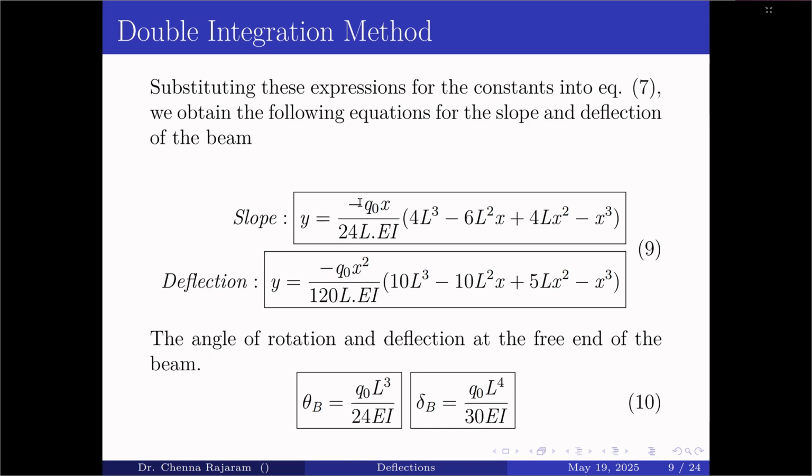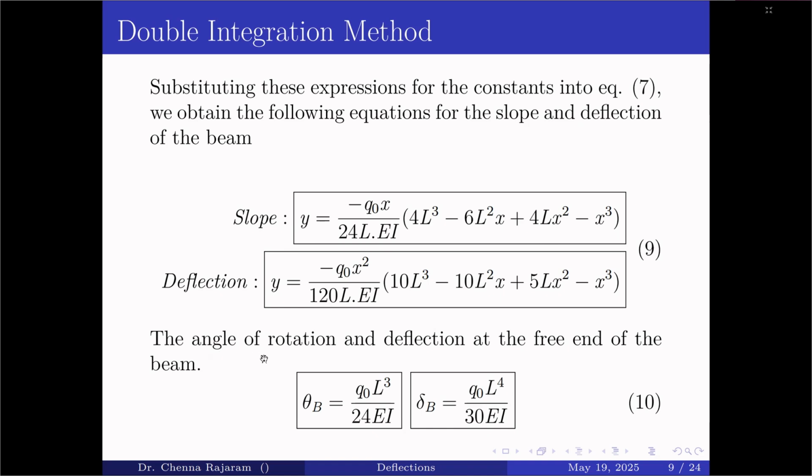The slope dy/dx is equal to minus q0 x divided by 24L EI into the bracketed term. Similarly, the deflection y is equal to minus q0 x square divided by 120L EI into the bracketed term.